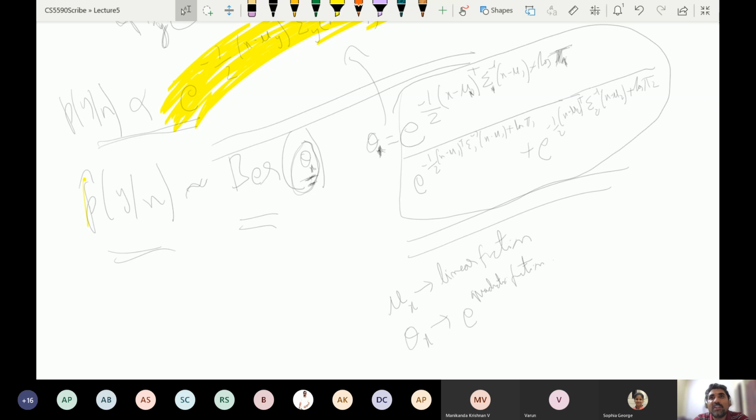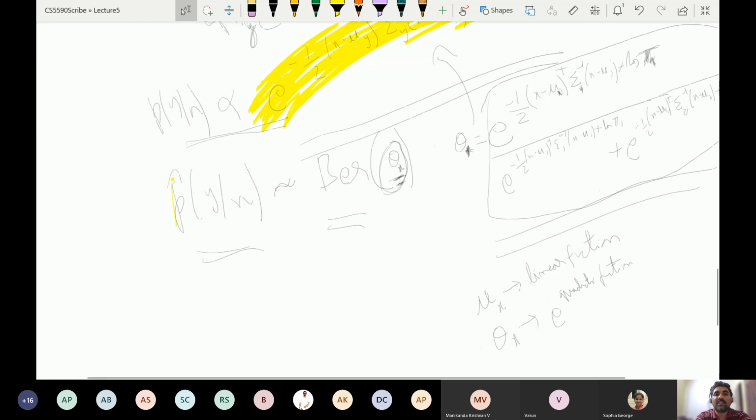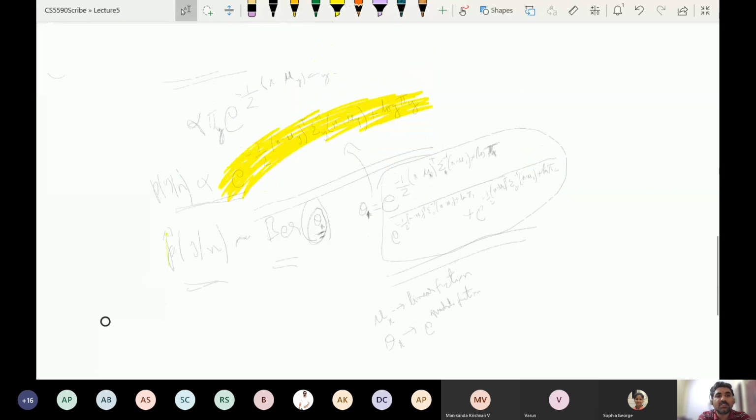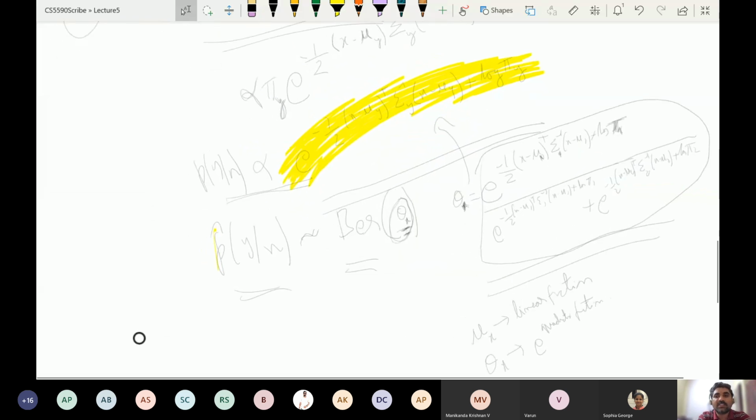So e to the power of linear is a better choice, right? But unfortunately here it's not e to the power of linear, it is more complicated, it's e to the power of a quadratic. Now, why did the quadratic come? Because you modeled the class conditionals as Gaussians, right? So the posterior, is it clear? The discussion on posterior, is it clear? Very simple derivation.